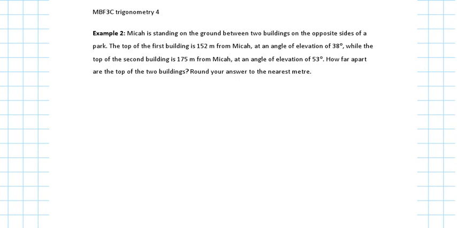The top of the first building is 152 meters from Micah at an angle of elevation of 38, while the top of the second building is 175 meters from Micah at an angle of elevation of 53. How far apart are the tops of the two buildings? Round your answer to the nearest meter.